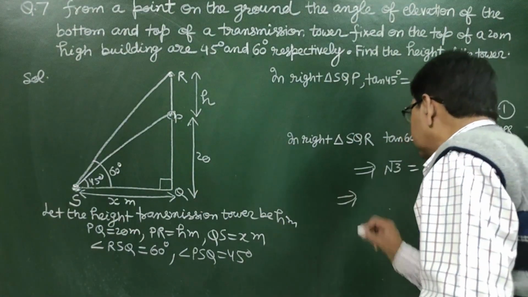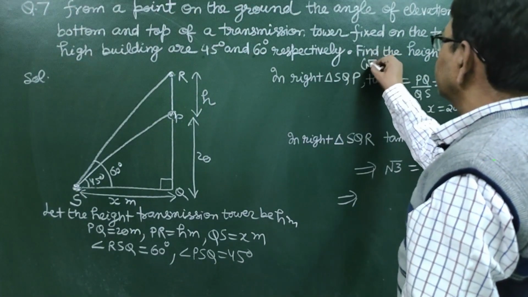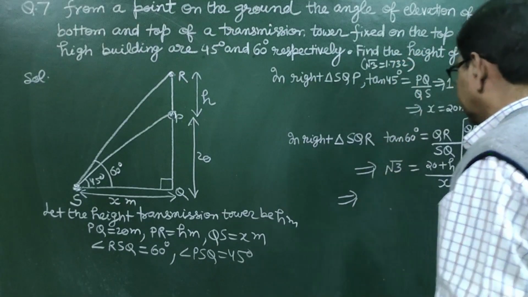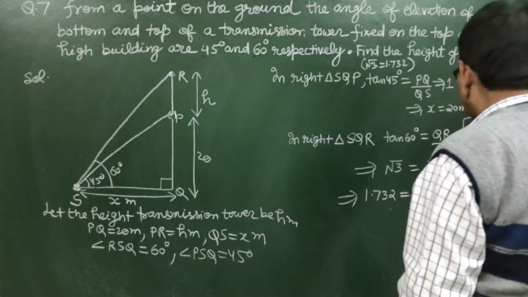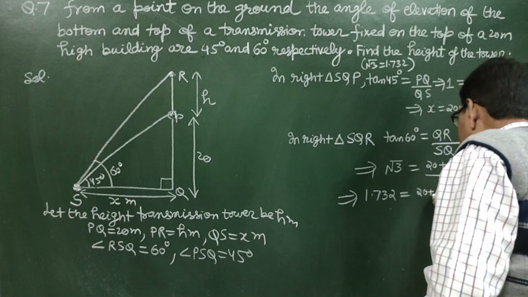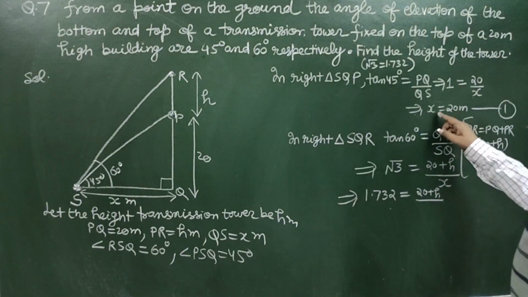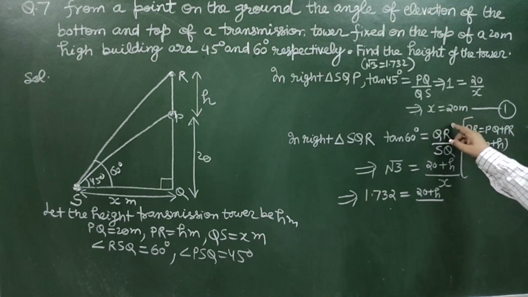So this gives under root 3, value of under root 3 you know is equal to 1.732. So 1.732 is equal to 20 plus H upon the value of X. X we have calculated from the first equation, the value of X is equal to 20.